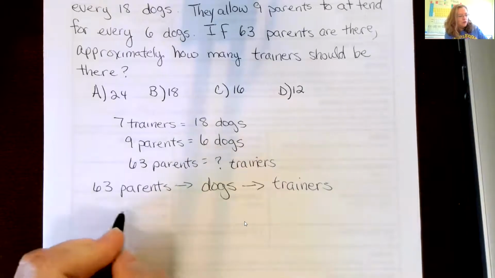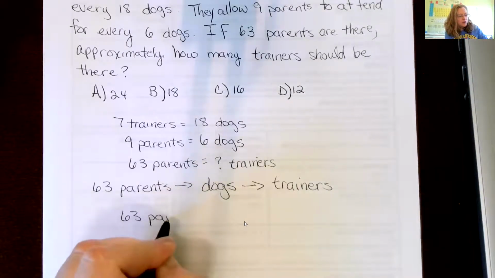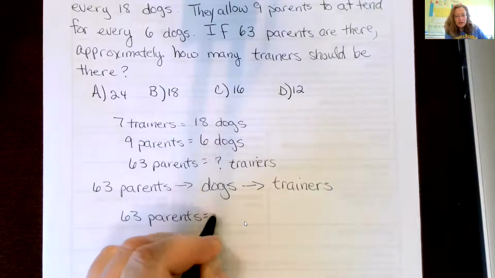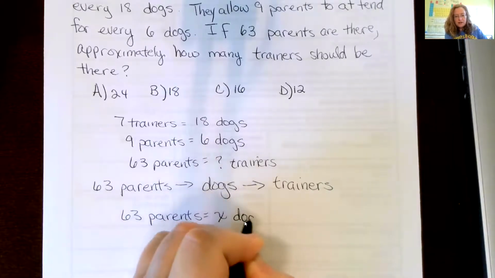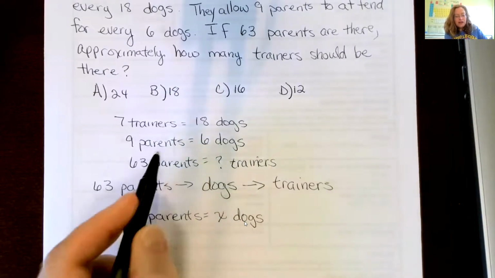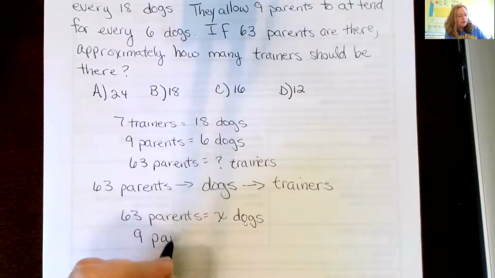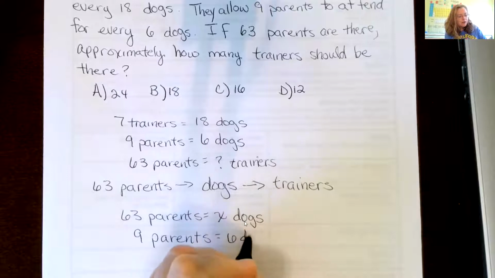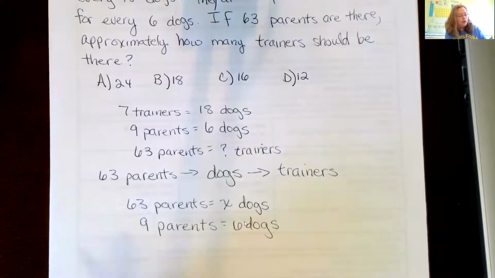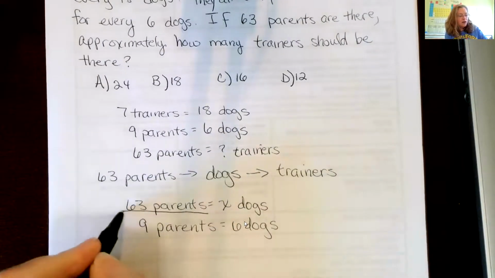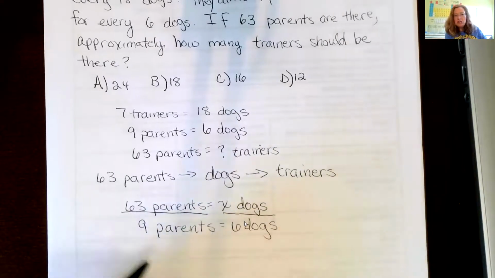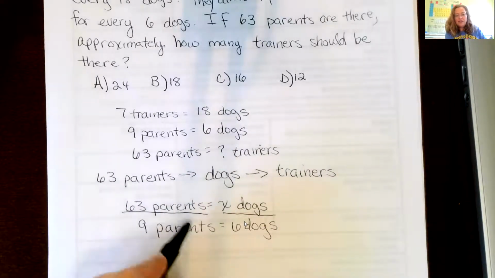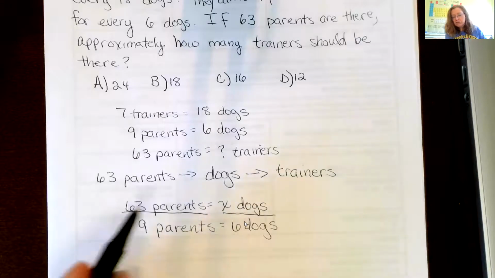Therefore, let's do our first thing, 63 parents. I don't know how many dogs that is, so I'll use x. I do know that 9 parents is equal to 6 dogs. At this point, if you recognize that 63 divided by 9 equals 7, you can go ahead and do that, and then just do 7 times 6.